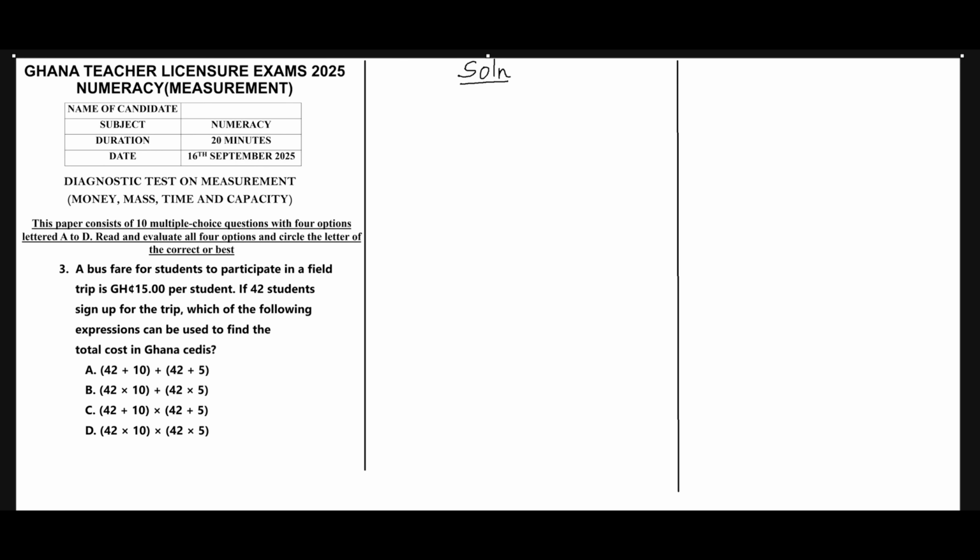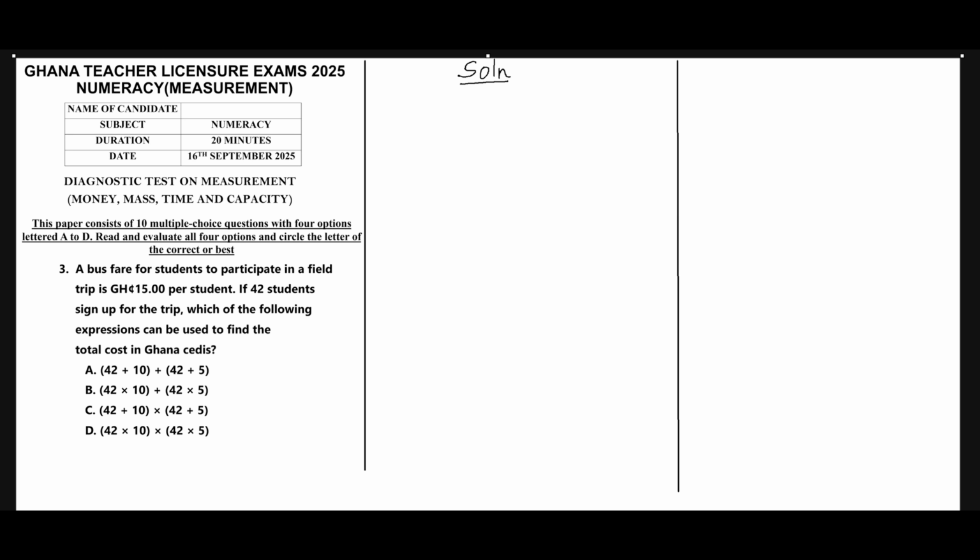Question 3. A bus fare for students to participate in a field trip is 15 Ghana cedis per student. If 42 students sign up for the trip, then which of the following expressions can be used to find the total cost in Ghana cedis? So we have 42 students who signed up for the trip.